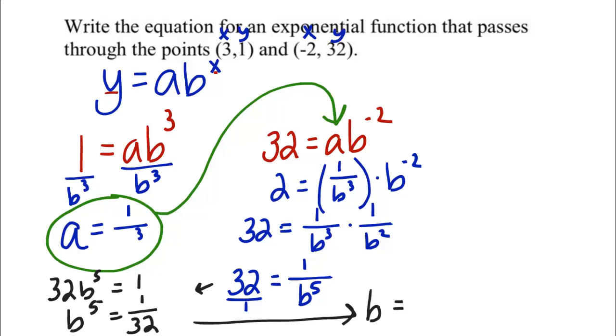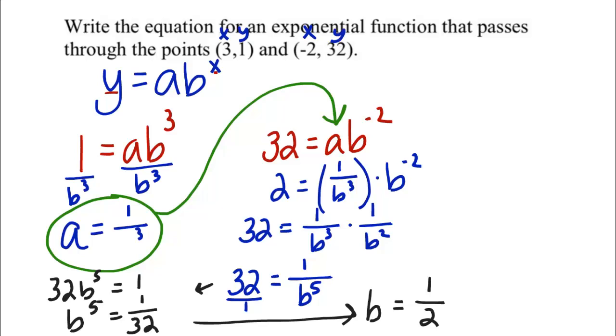So b is equal to 1/2. I just kind of reasoned through it. I know that 1/2 times 1/2 times 1/2 times 1/2 times 1/2 is giving us 1 over 32. If you couldn't reason that through in your head, you could always use your calculator and take the 5th root of each side. Your calculator can do 5th roots, you just have to figure out how.